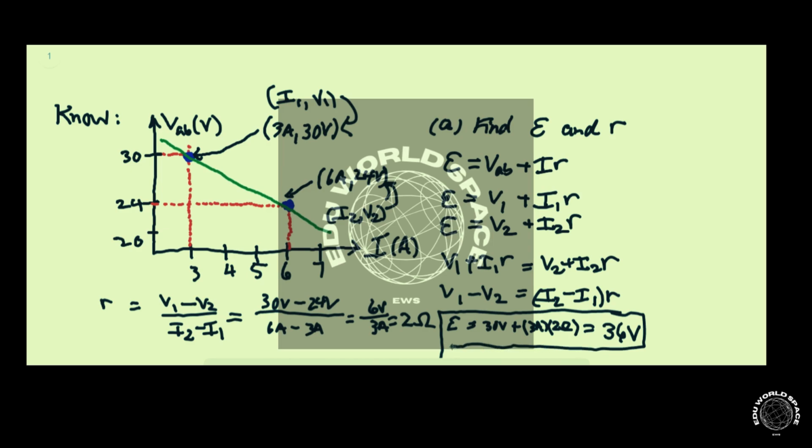So we have R and we have E. So internal resistance and EMF.